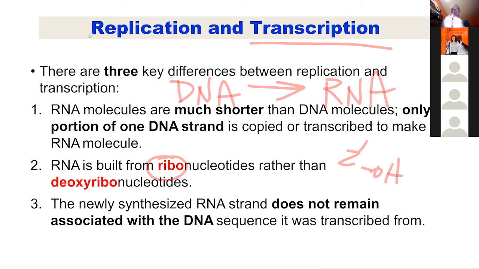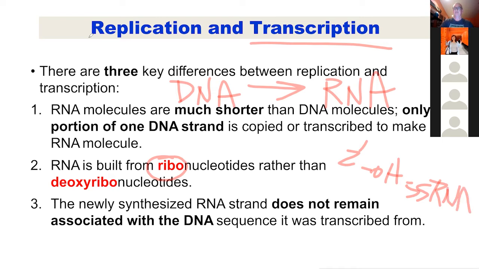So basically you pull the two strands apart, you copy only one of the strands. You don't copy both, you just make an RNA copy of one of them. And then it rezips up, it unmelts, it comes back together, and then that RNA leaves. Almost all RNA is single-stranded.